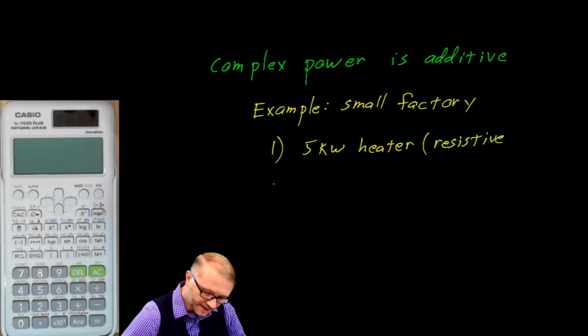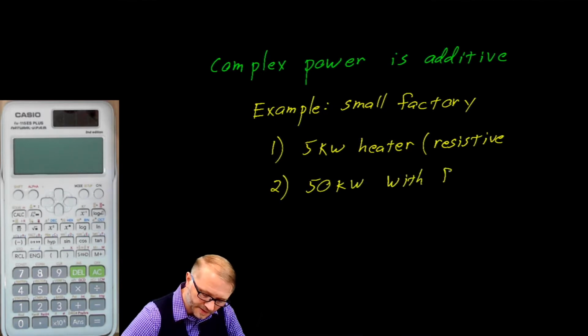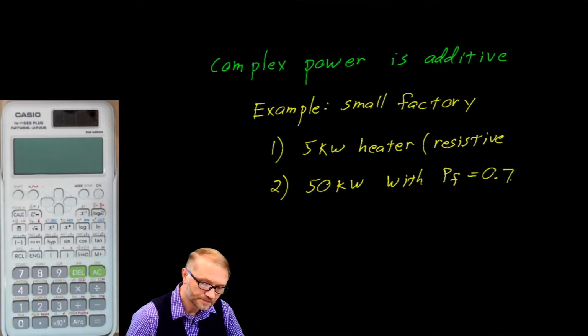We'll let the second load be a collection of machines, which together provide 50 kW with a power factor equal to 0.7. And finally, we'll add 20 kVA of power factor correction capacitors.